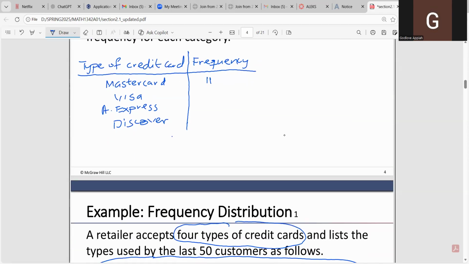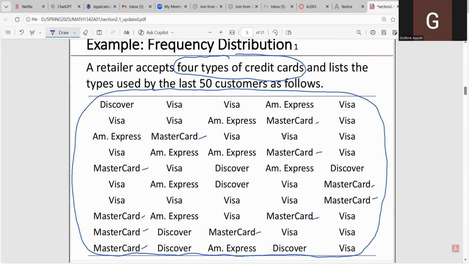So we would go back to the raw data and count the number of times Visa occurs in the data set. So we're going to have here 1, 2, 3, 4, 5, 6, 7, 8, 9, 10, 11, 12, 13, 14, 15, 16, 17, 18, 19, 20, 21, 22, and 23.